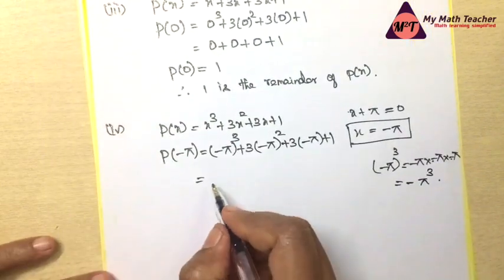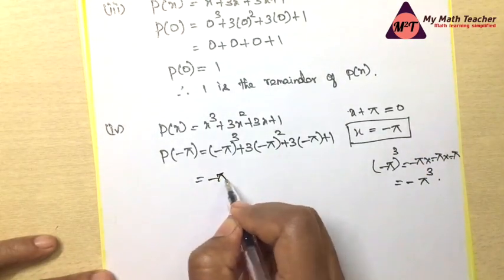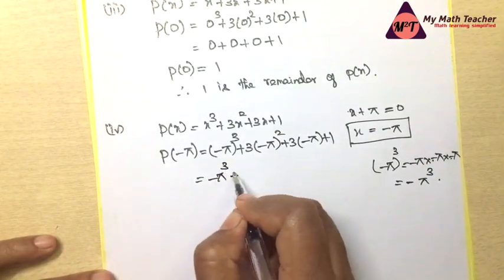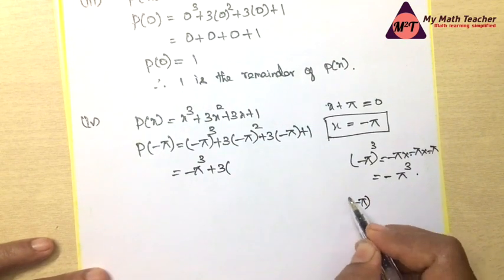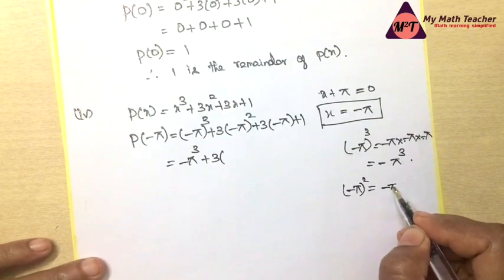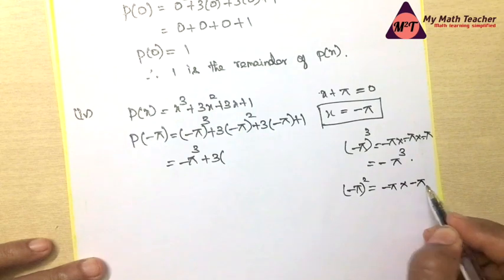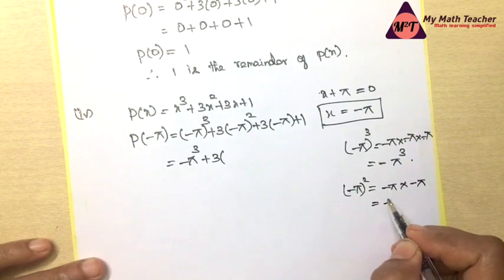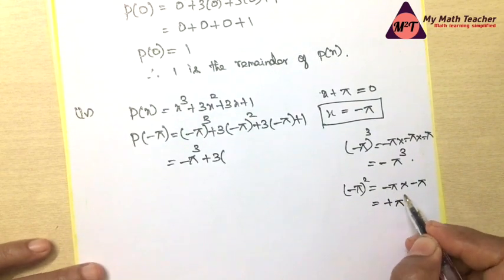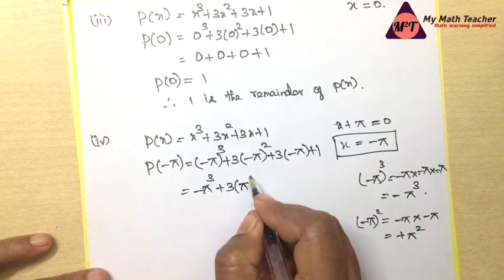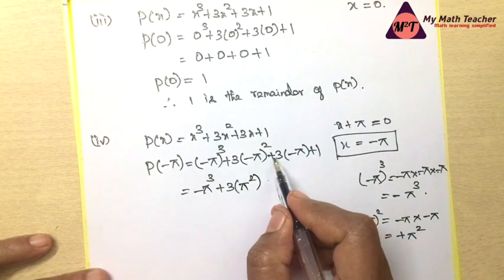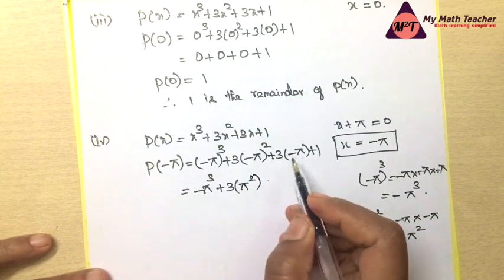So the final answer is minus pi cube plus 3 into (minus pi) square. (Minus pi) square is minus pi into minus pi. Minus into minus becomes plus. Pi into pi is pi square. When we expand, this is the answer, pi square. Now multiply 3 plus 3 into minus pi.